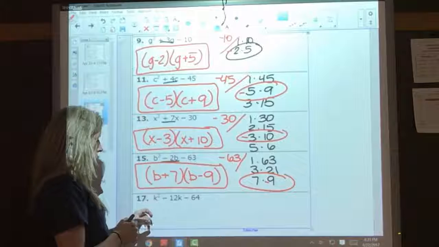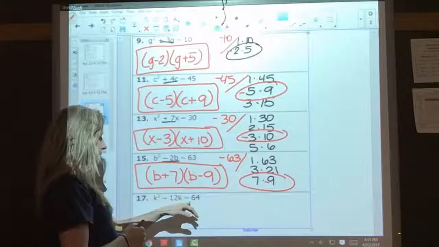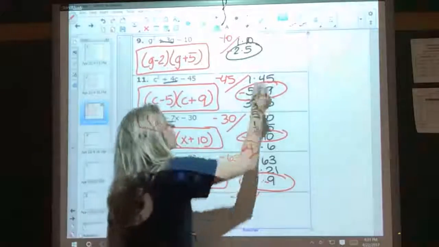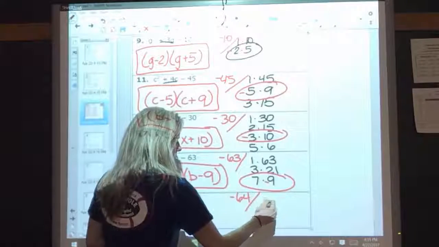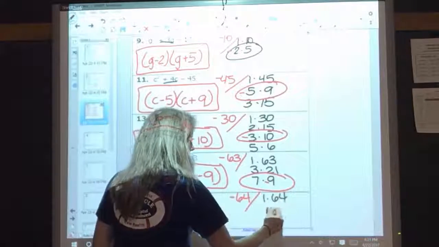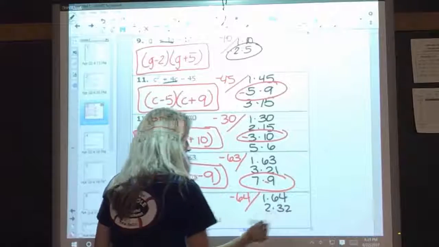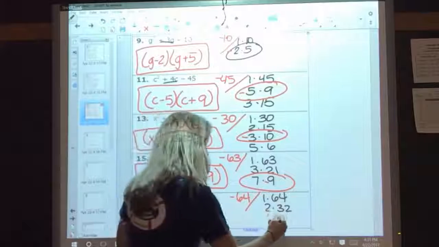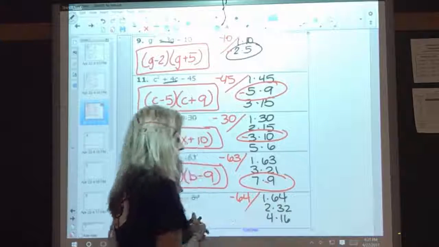Okay, last one on the left side here. We're going to find the factors of negative 64. So let's see, 1 and 64, 2 and 32, 4 and 16, 8 and 8.